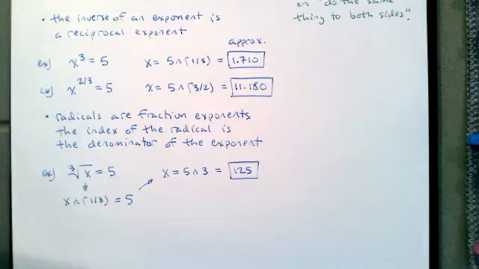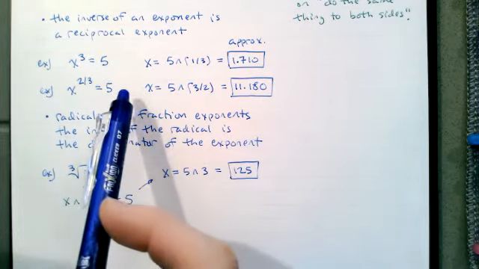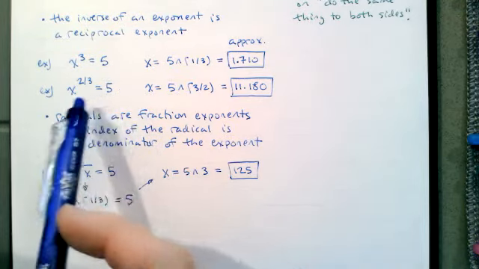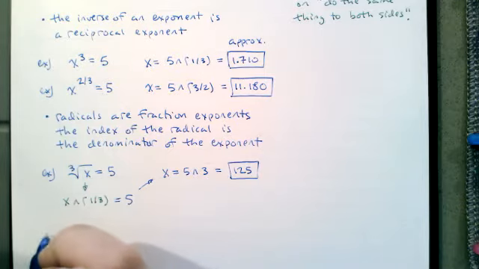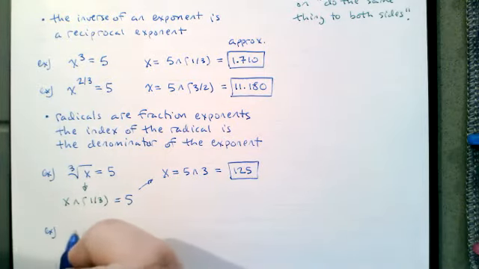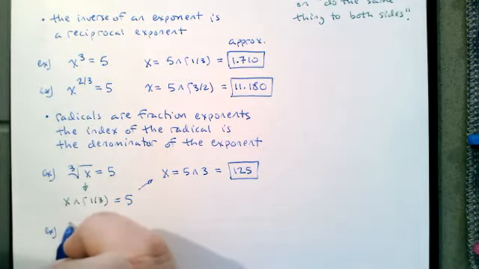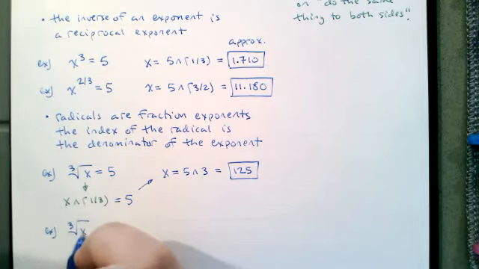So when we're solving radical equations, we want to read the radical part as a fraction exponent, where the index of the radical is the denominator of the exponent. Similarly, our second equation up here, x to the 2/3, could have been presented to us as a radical equation. So this could be the cube root of x squared is equal to 5.